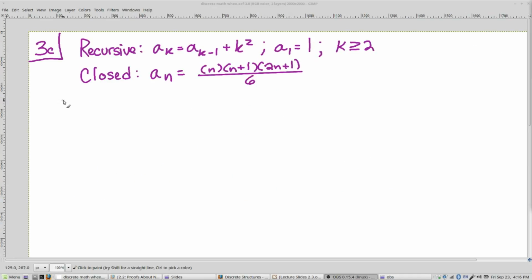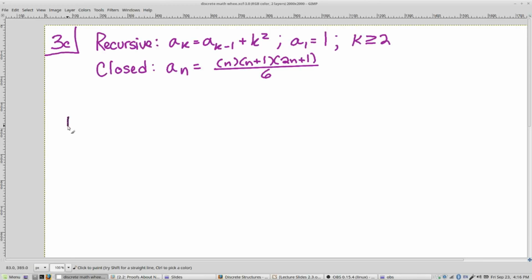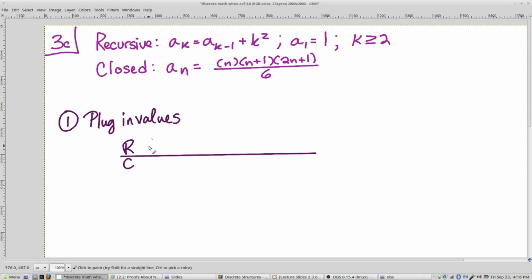So here's 3c. Let's go over the same steps. Step 1 is to check by plugging in some values just to make sure. If we have the recursive and closed, we'll do the table horizontally this time. A sub 1, here it's 1, but if we plug it in here, we have to do all this math.